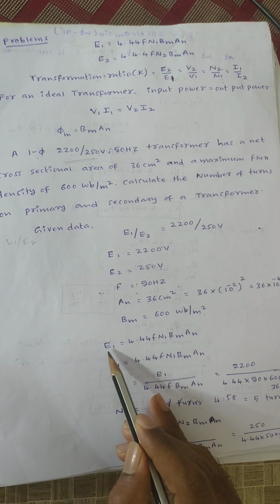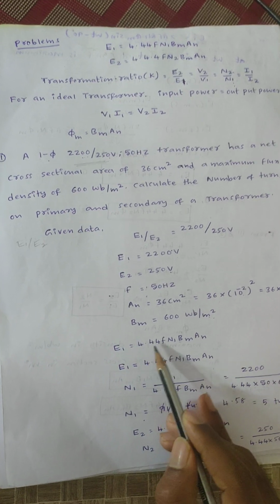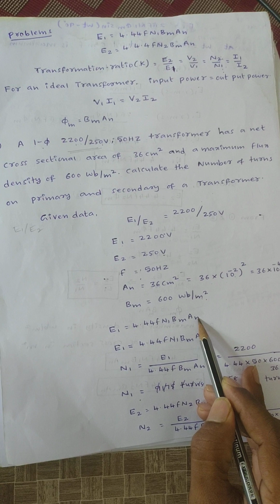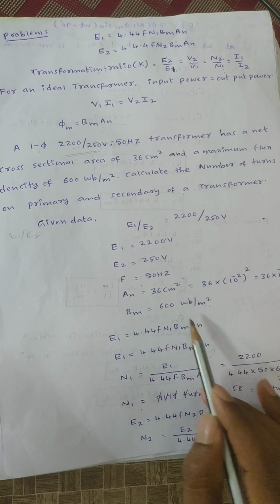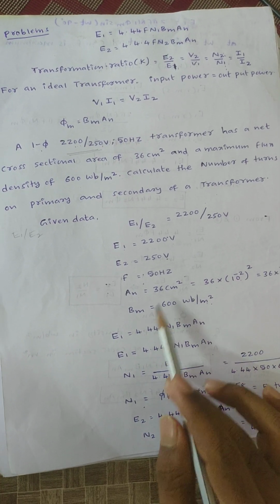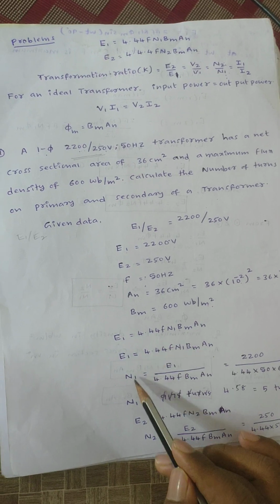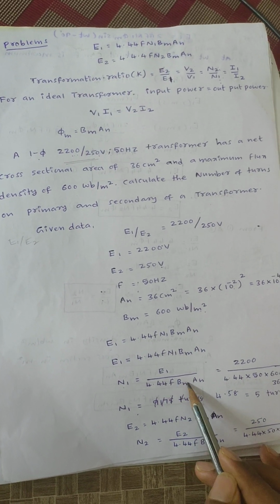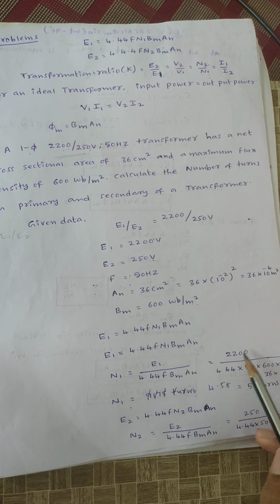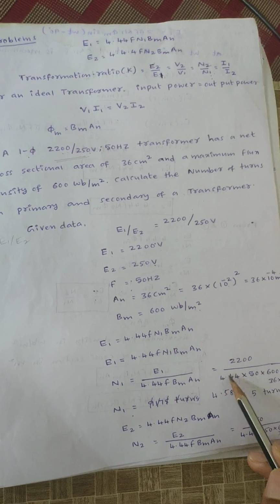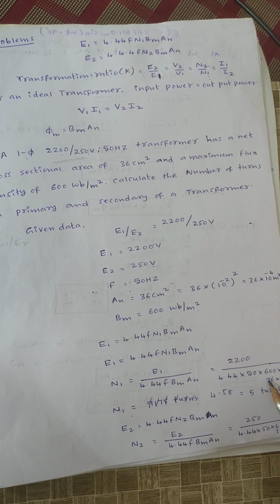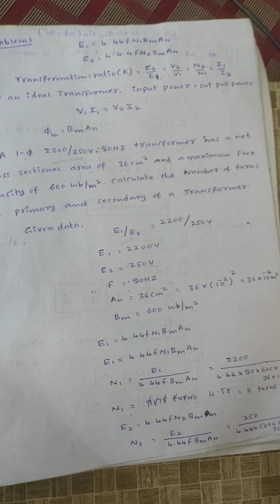We already know that E1 equals 4.44 f into N1 into Bm into An. Bm, An, f and E1 are known. Then N1 equals E1 by 4.44 f Bm An, which equals 2200 divided by 4.44 into 50 into 600 into 36 into 10 to the power minus 4.